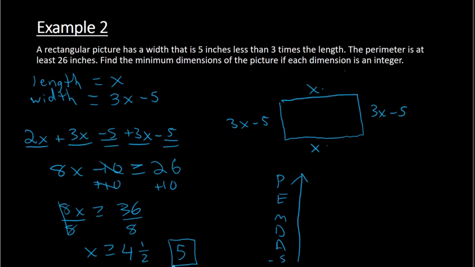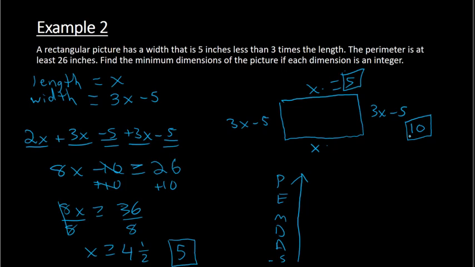So the smallest integer, smallest number without a fraction that x could be is 5. So x is 5, that is the length. So then the width would be 3 times 5 minus 5. All right, so 3 times 5 is 15. 15 minus 5 is 10.